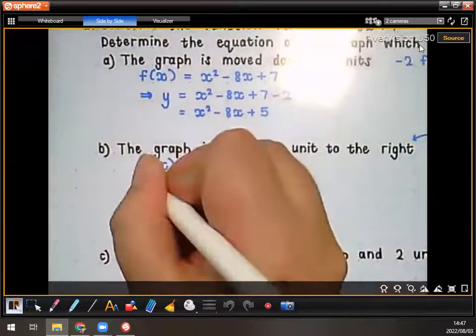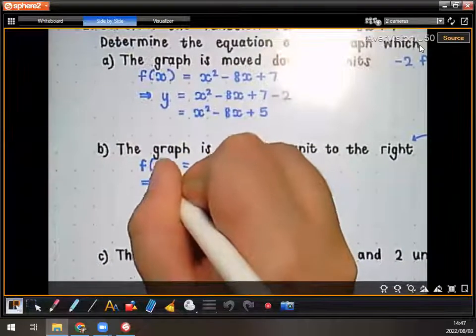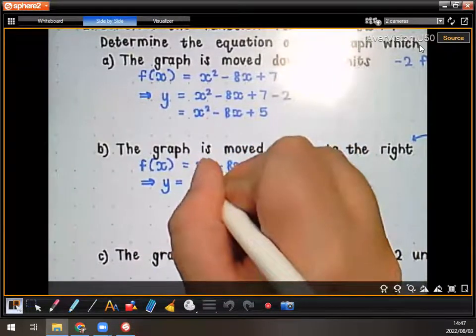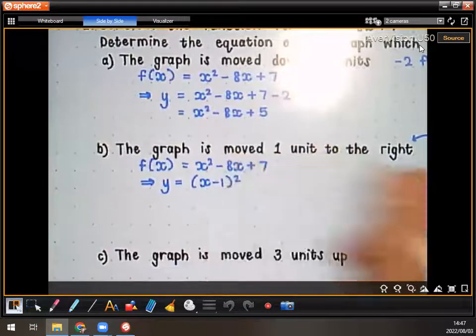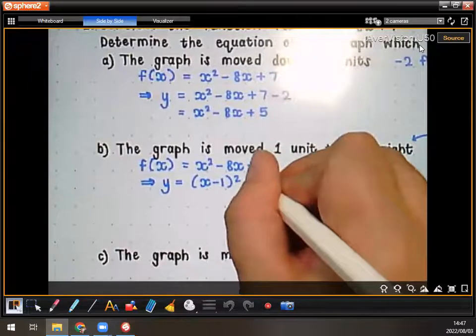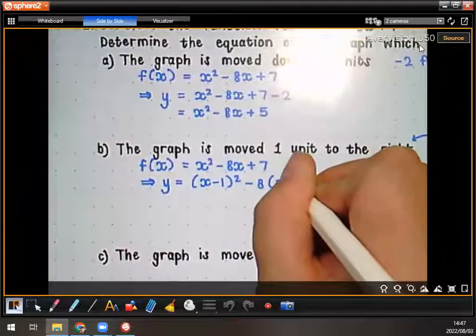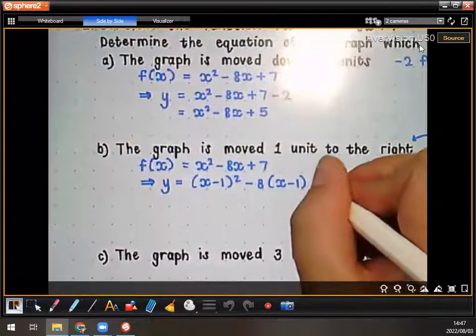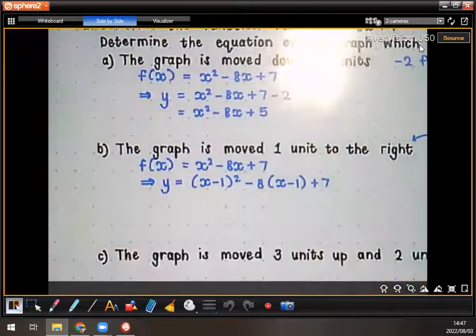Okay, so we're going to say then y is equal to, instead of x squared, we're going to have x minus 1 squared, minus 8 times, instead of x, we're going to have x minus 1. And then plus 7.